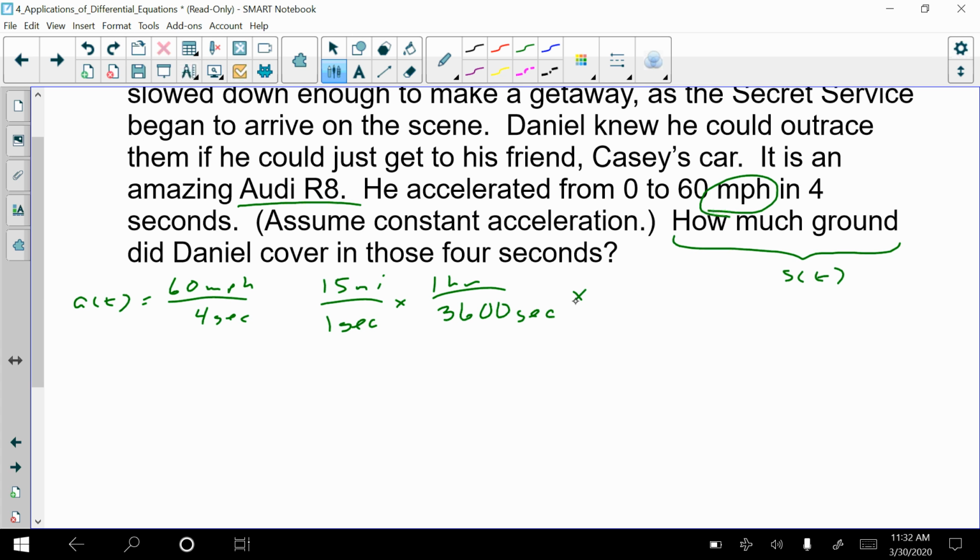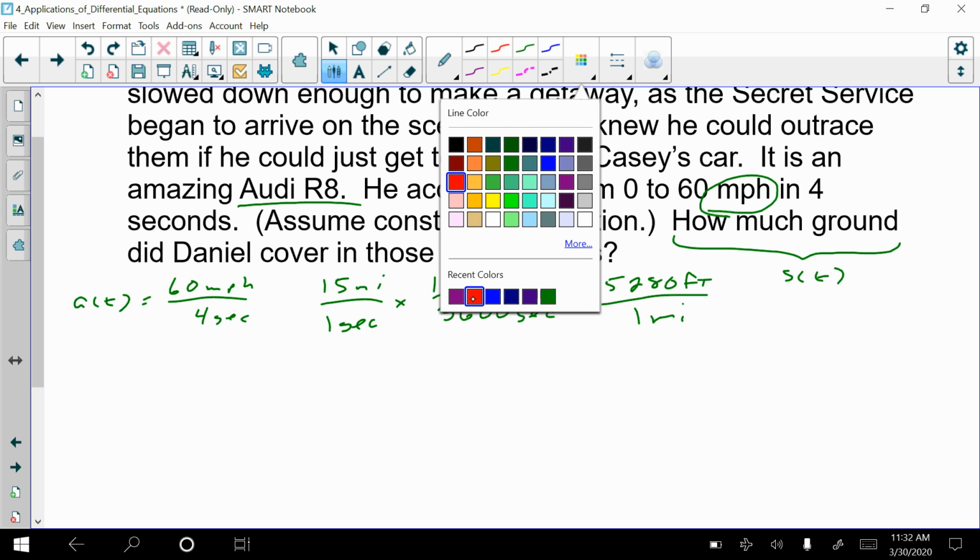And now let's look at the distance. In 1 mile, there is 5,280 feet. And now let's see what units do.